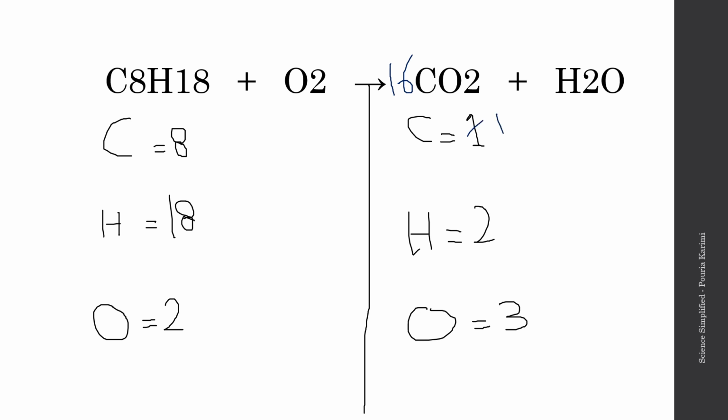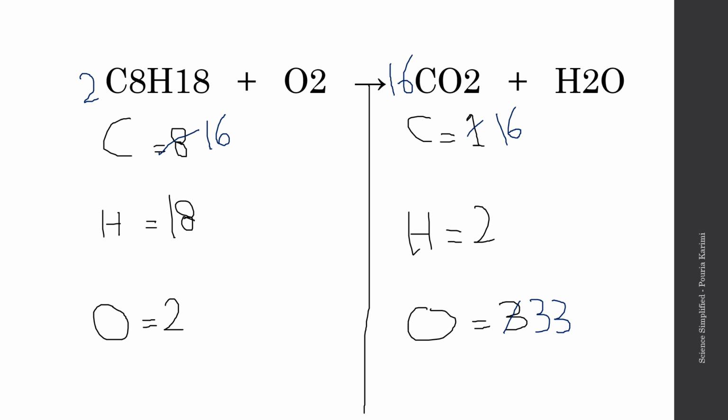So that becomes 16 carbon, and then putting a 2 here, 16. So to have 16 molecules of carbon on both sides. However, it'll also affect the number of hydrogens and oxygens. So we're gonna have 32 and then 33 oxygens here.